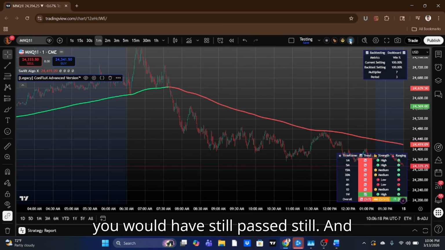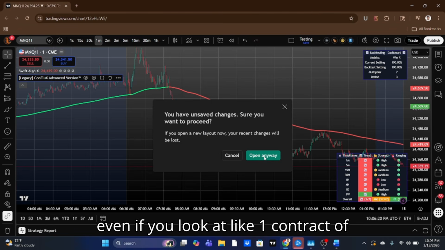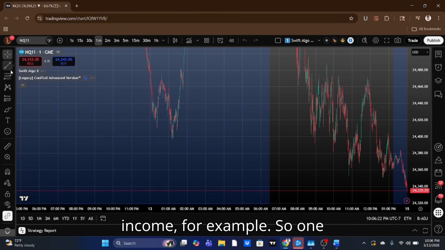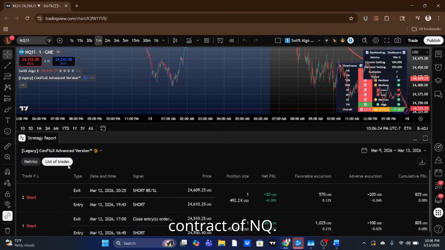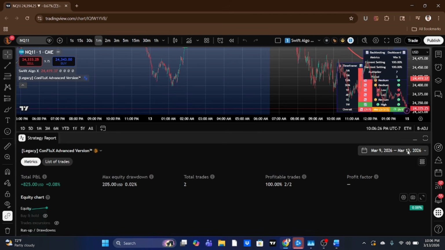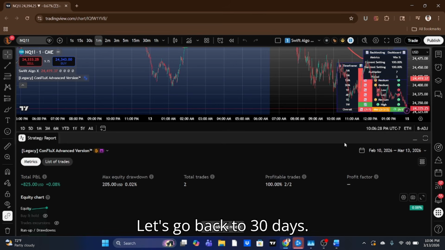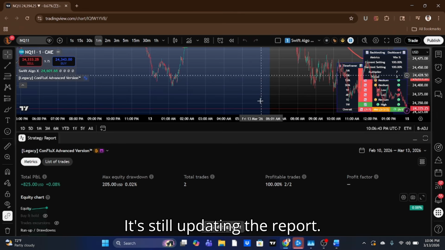And even if you look at like one contract of NQ, for example. So one contract of NQ. Let's go back to 30 days. It's still updating the report.